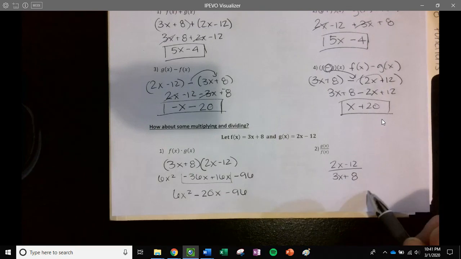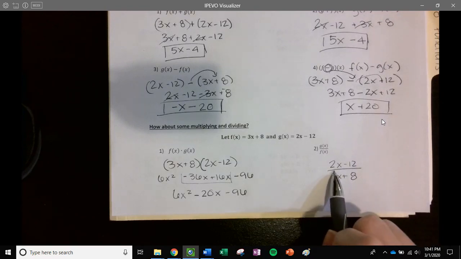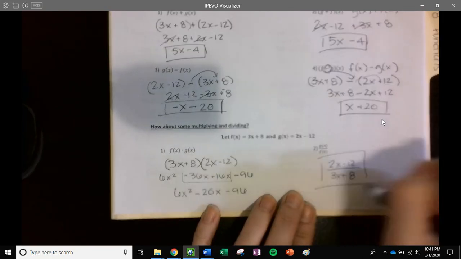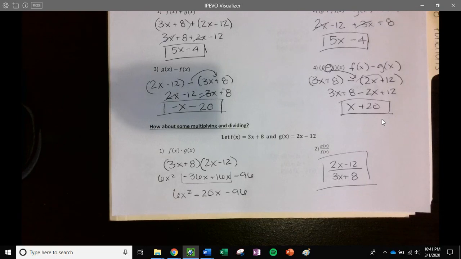In order to simplify, we would have to factor the top, factor the bottom, and cancel out any matching factors. We can factor 2x - 12. We can pull out a GCF of 2 and be left with x - 6. But we can't do anything to the bottom. So what does that mean? Womp womp, that's our answer. It's not very exciting. We don't actually have to do anything. That's it.